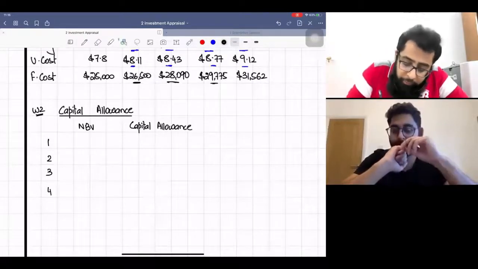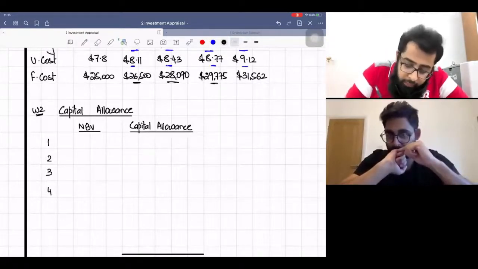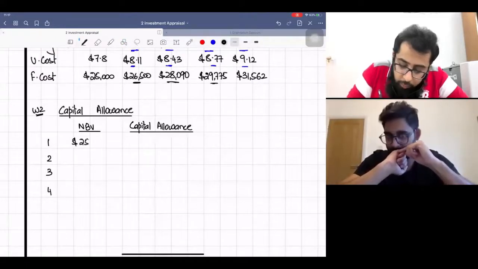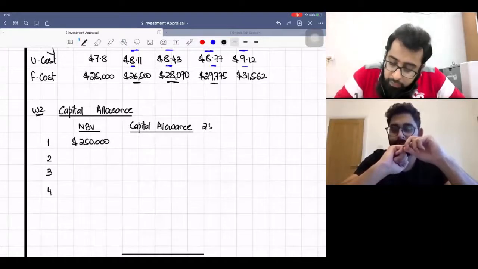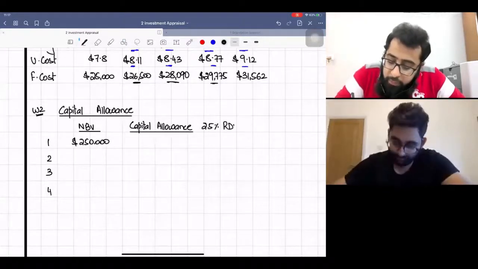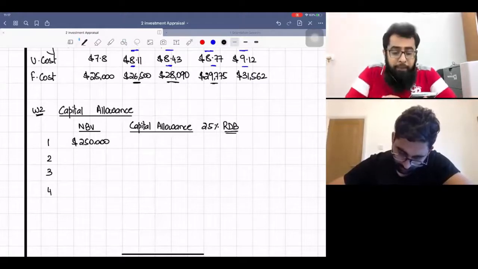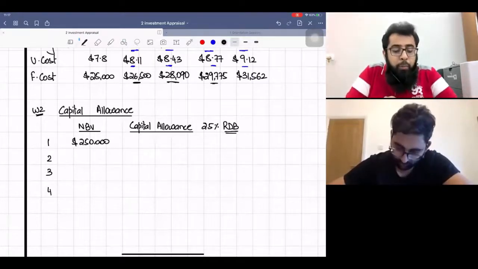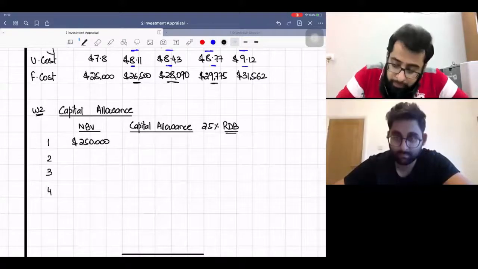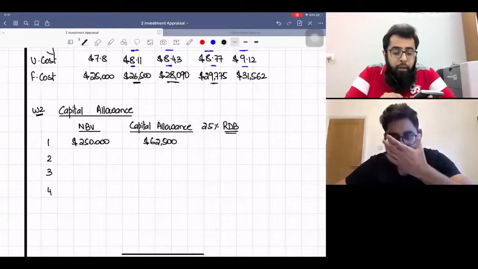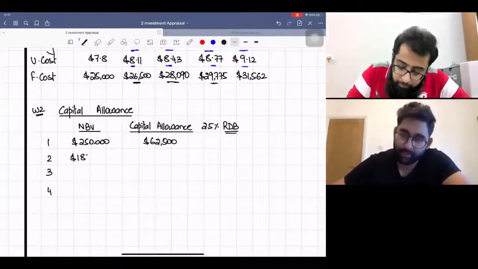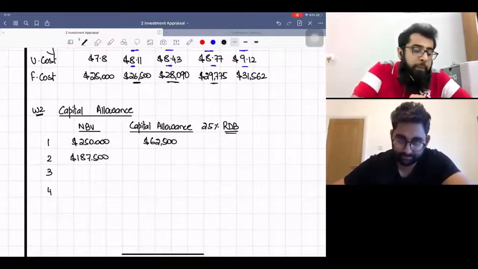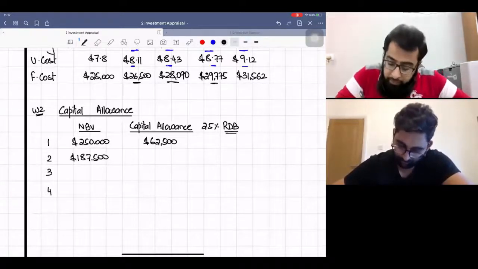If you have purchased a machine of $250,000, at the start the net book value will be 250,000, and you take capital allowance at 25% reducing balance. So 250,000 into 0.25, the allowance will be $62,500. Now your net book value will be 187,500. Now 25% of it is 46,875.